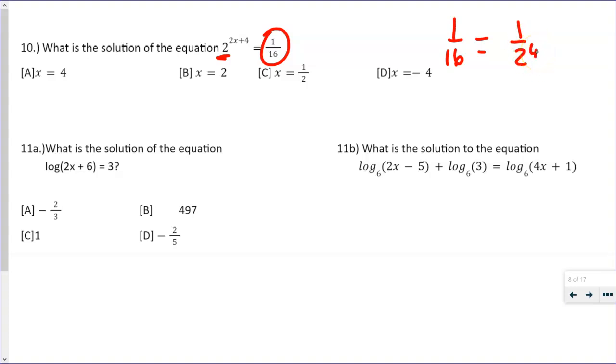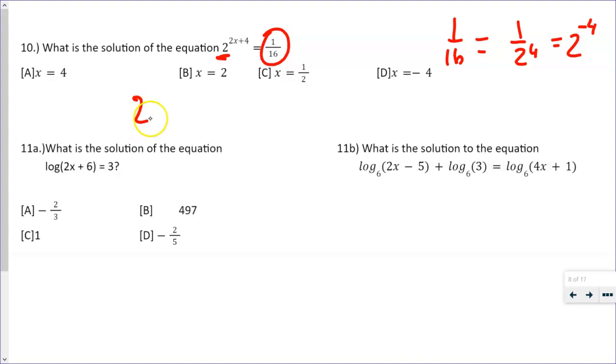So I can turn 1/16 into 1/2 to the 4th power because 16 and 2 to the 4th power are the same numbers, okay? Now, I still don't have a 2, so what I can do is turn it into a negative, okay? Because remember that negative will make the 2 go on the bottom of the fraction. So 1/16 is the same as 2 to the -4th, okay?